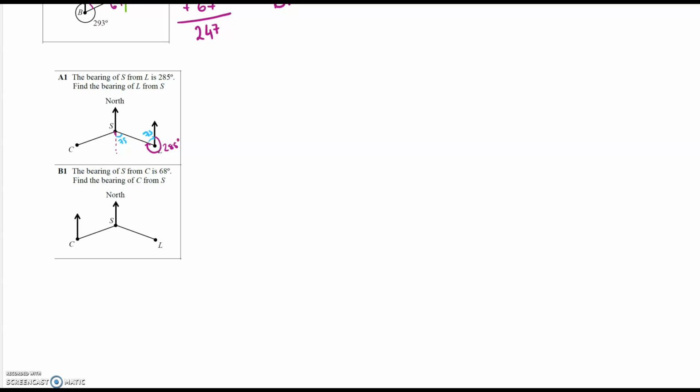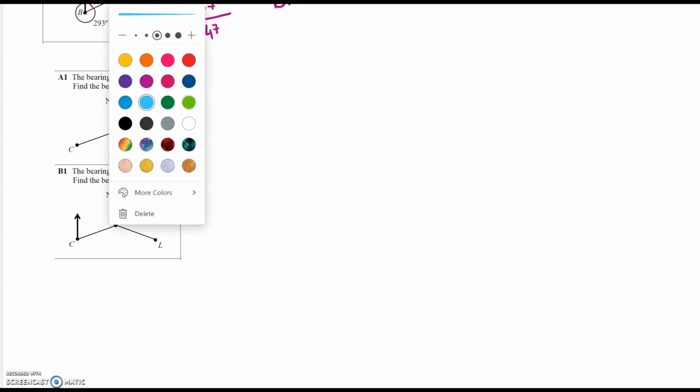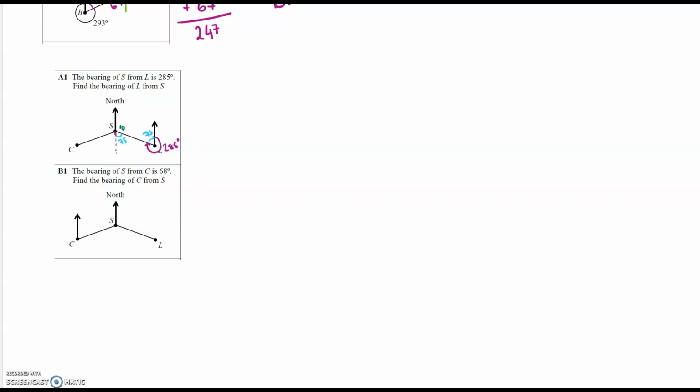Now I know that these two together have to add up to 180. So 180 minus 75 gives me 105 degrees. So my bearing of L from S, there's L from S, is 105 degrees. So A1 equals 105 degrees north.